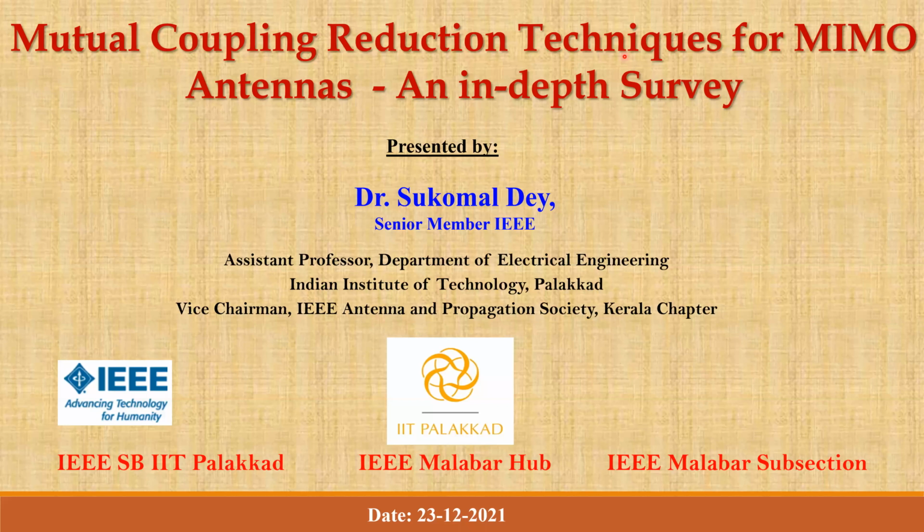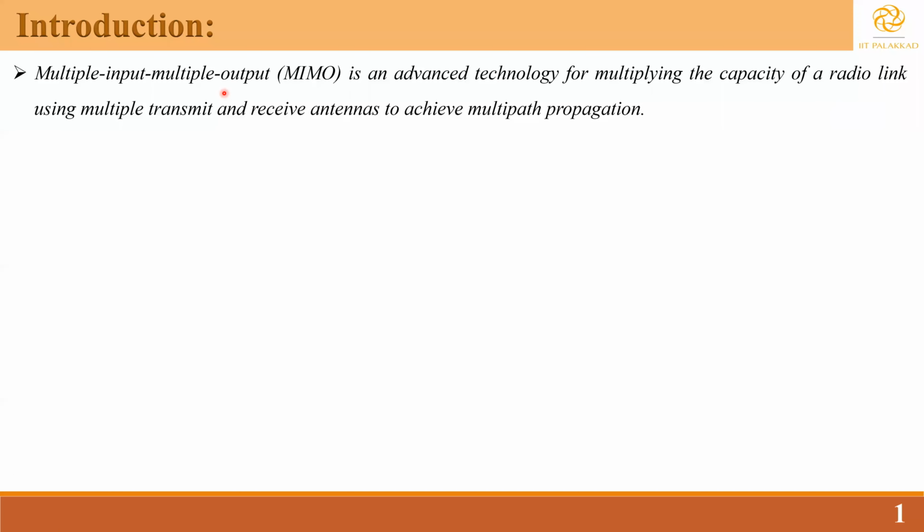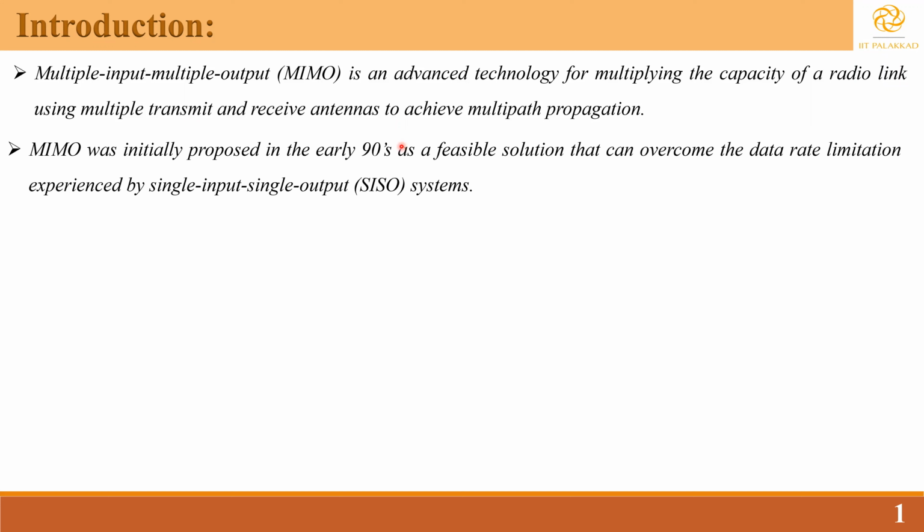So first, as you all know, MIMO stands for multiple input, multiple output. It is an advanced technology for multiplying the capacity of the radio link using different ways of transmitting and receiving signals over multipath propagation. These MIMO systems were basically reported in the early 90s.